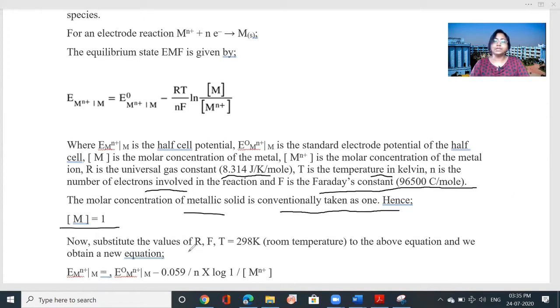Now substitute the values of R, F and T, where T is equal to 298 degrees Kelvin. In the above equation, we obtain a new equation. What is the new equation?